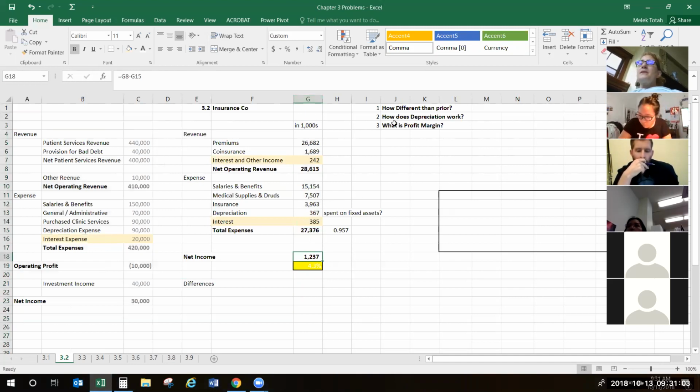All right, and then let's go to depreciation. So they're asking about depreciation here. And the question was, is $367,000 actually how much money they spent on the fixed asset in the year? Or does it represent something else?